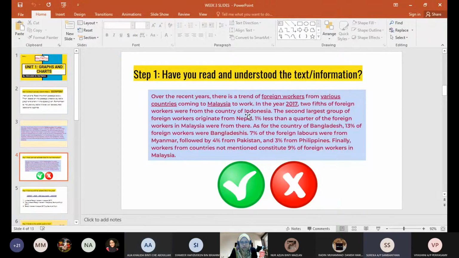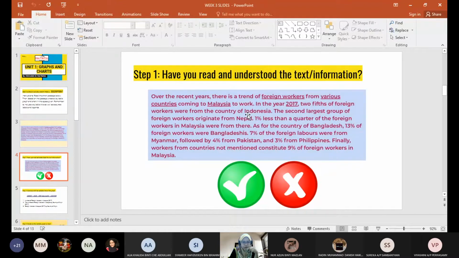Yes, 2017. And then they mention a few countries also with the percentage. Okay, when the data is in percentage, can you imagine what we should actually make, a line graph, a pie chart, a bar graph, or what? Pie chart. Okay, pie chart. So basically you have the idea to make a pie chart.